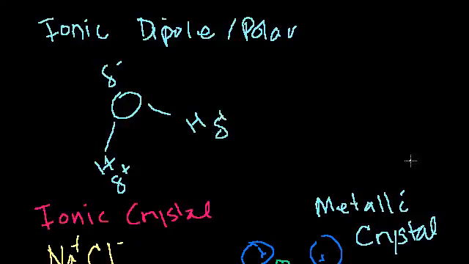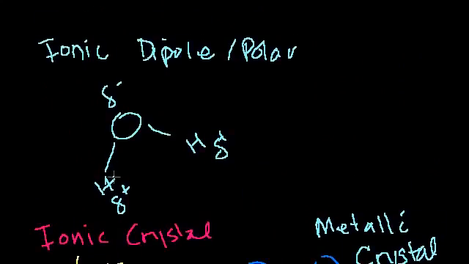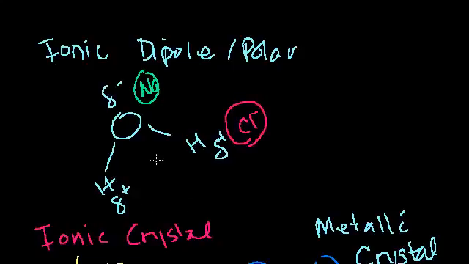So when you put these sodium and chloride ions in the water solution, the positive sodiums want to get attracted to the negative side of this dipole, and then the negative chlorides, Cl minus, want to go near the hydrogens. They still want to be attracted to each other, but they're also attracted to different sides of the water. So it allows them to get dissolved and kind of go with the flow of the water.